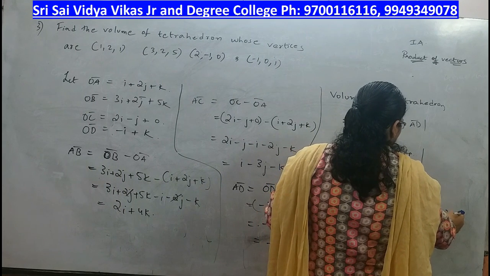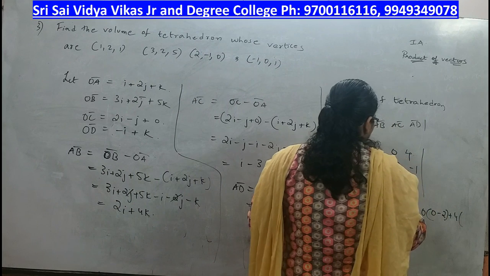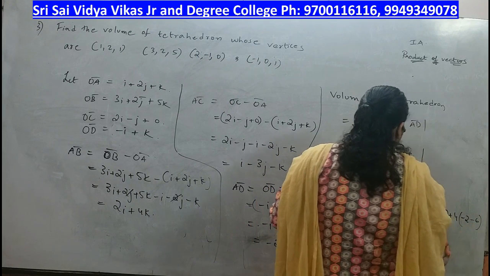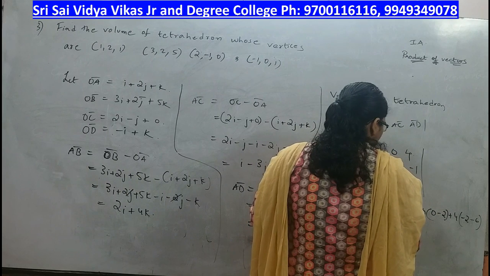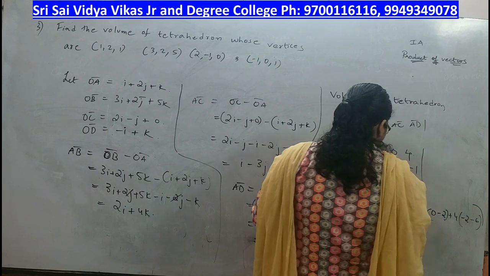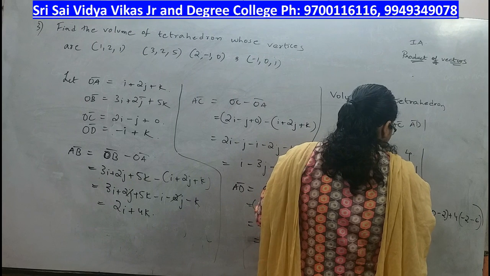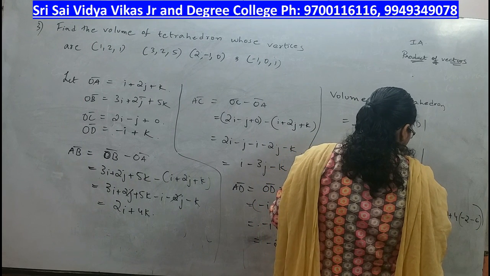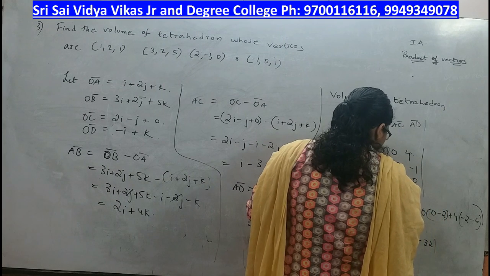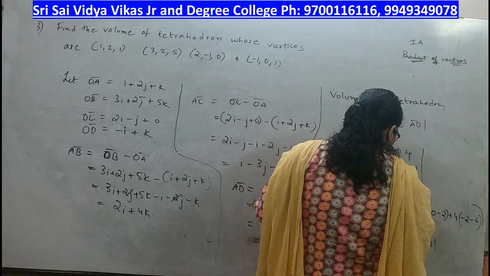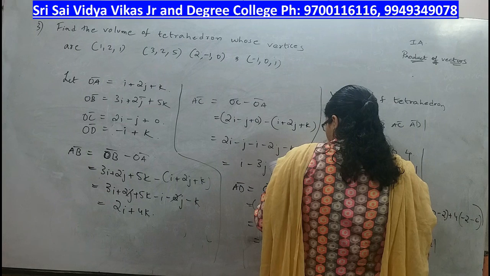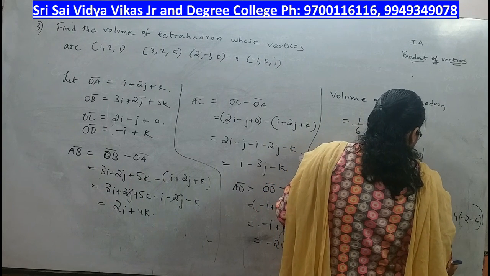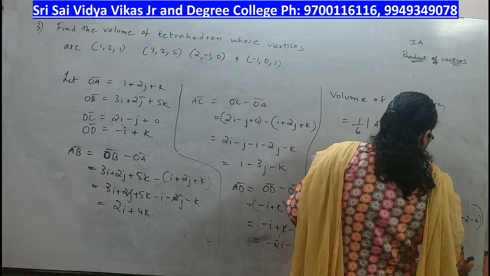minus 2 plus 4 into minus 2 minus 6. So this is nothing but 1 by 6 minus 4 minus 32, which is minus 36 by 6, which is 36 by 6, which is 6 cubic units.